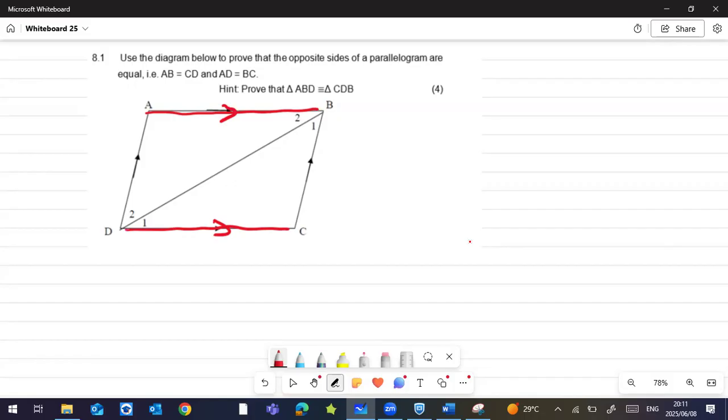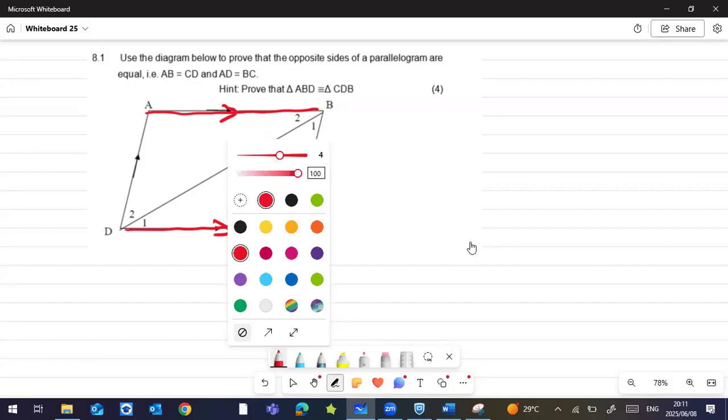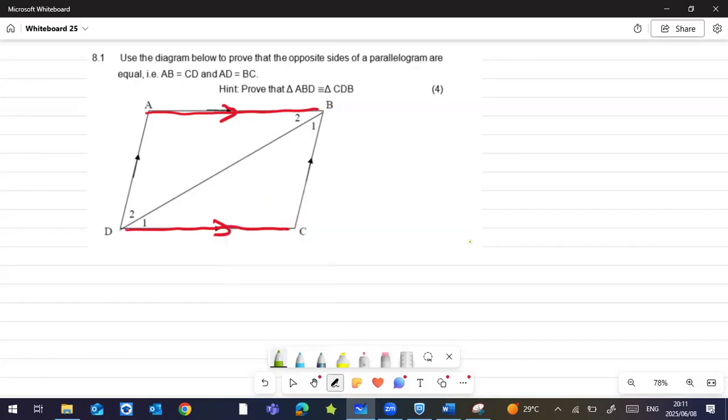What else are we given? You can clearly see that again here, you are given an arrow here and here, meaning you are given that AD also is parallel to BC. So you are given a hint that you must prove congruency between triangle ABD and triangle CDB. Now let us start.